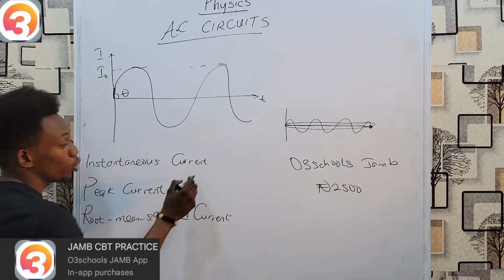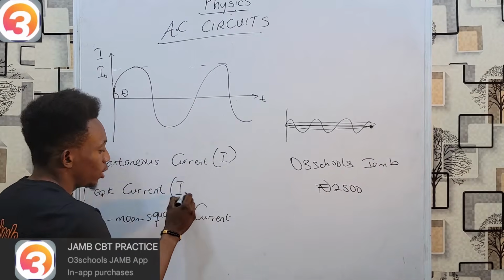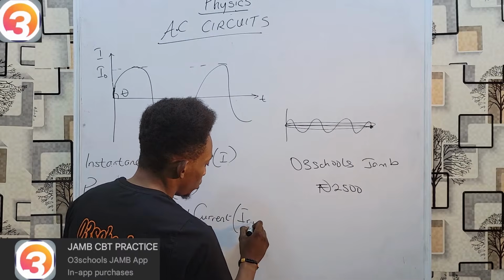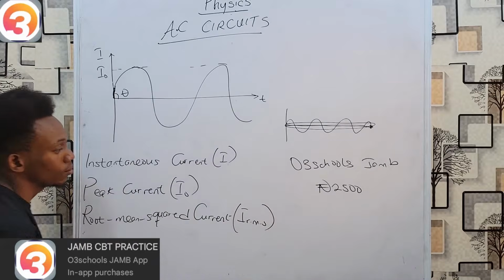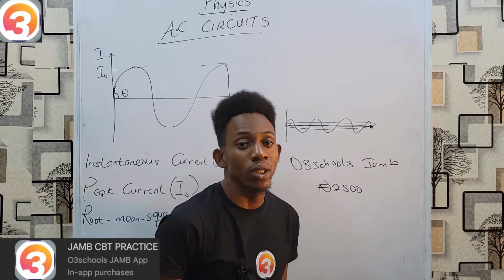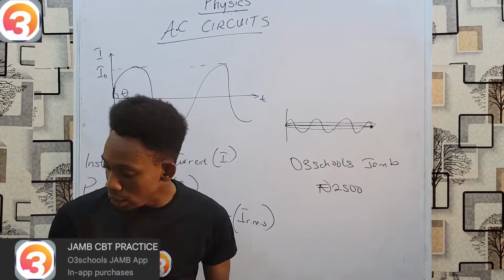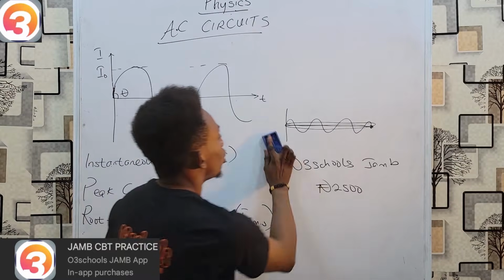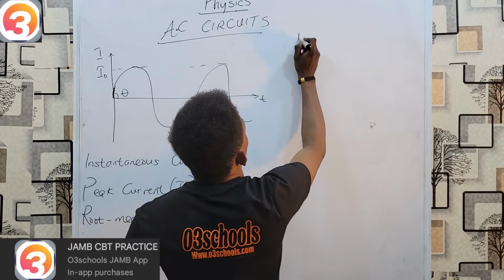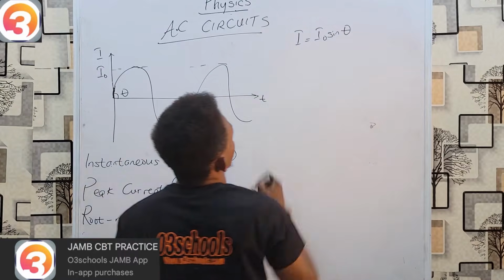We represent instantaneous current simply with I, peak current with I naught, and root mean square current with I RMS. Okay, now there's a formula to give us the instantaneous current at any point in time, because based on the fact that this is a sinusoidal graph, we can obtain the instantaneous current as I equals I naught sine theta.